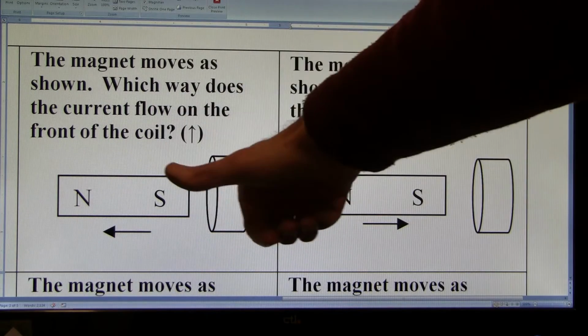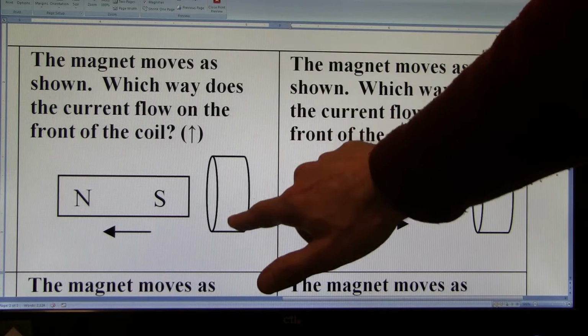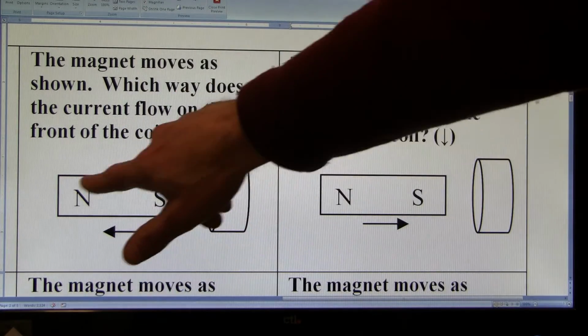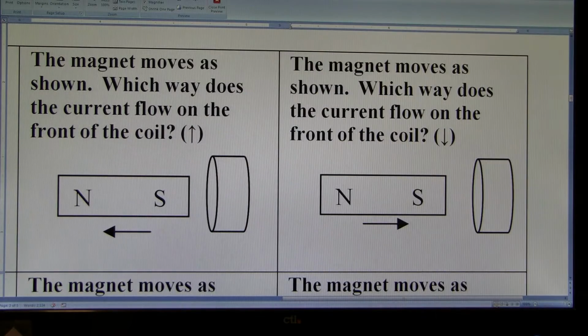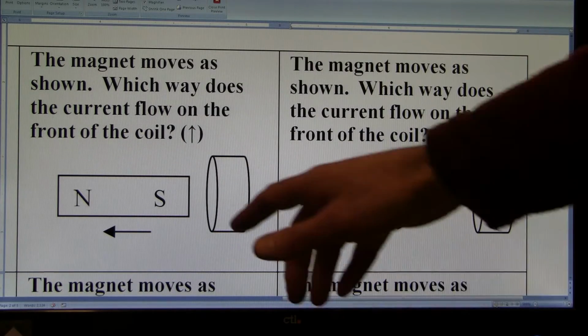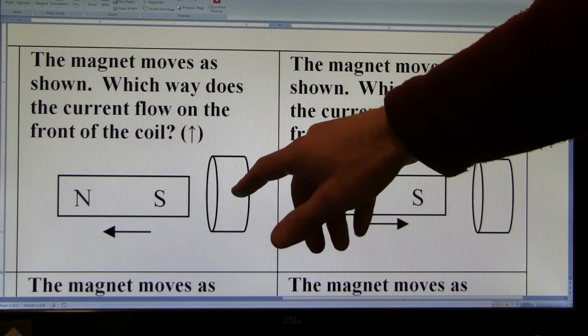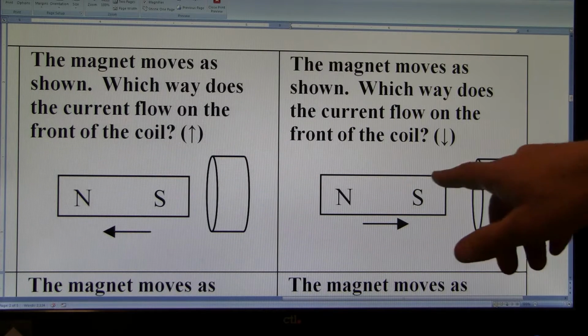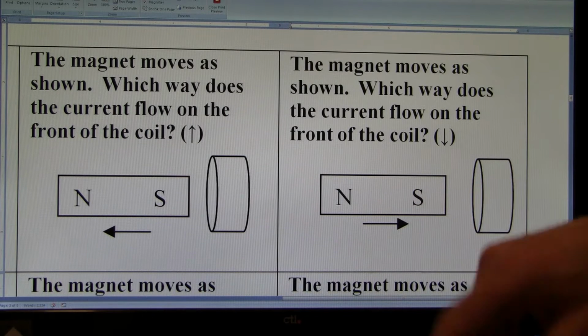That would be a north pole on that side. So it would go, therefore, up the front of the coil to create a north pole, to prevent the magnet from going away, right? Really what's going on is that the work that the magnet does turns into electrical energy is what's going on.